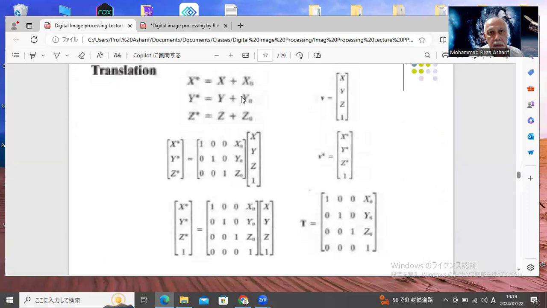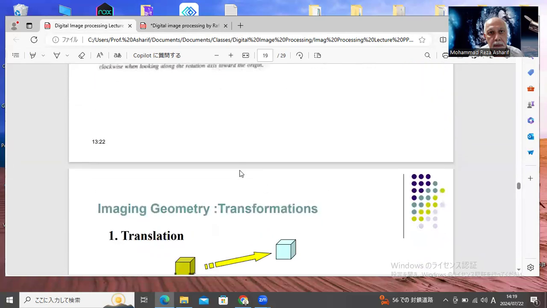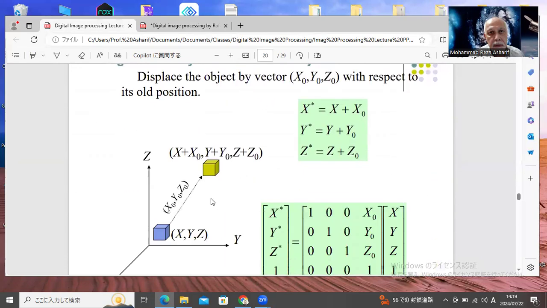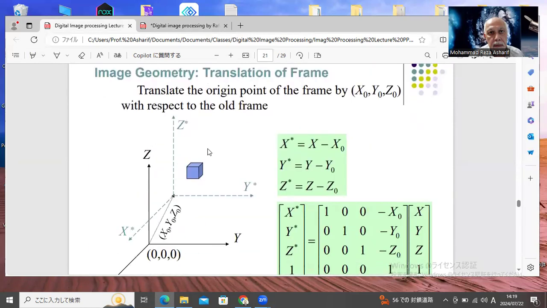The translation is this. You want to make a 4 by 4 matrix, so you add a 1 here. I will explain this in detail later. Or you want to displace the object like this. This is the figure for this.